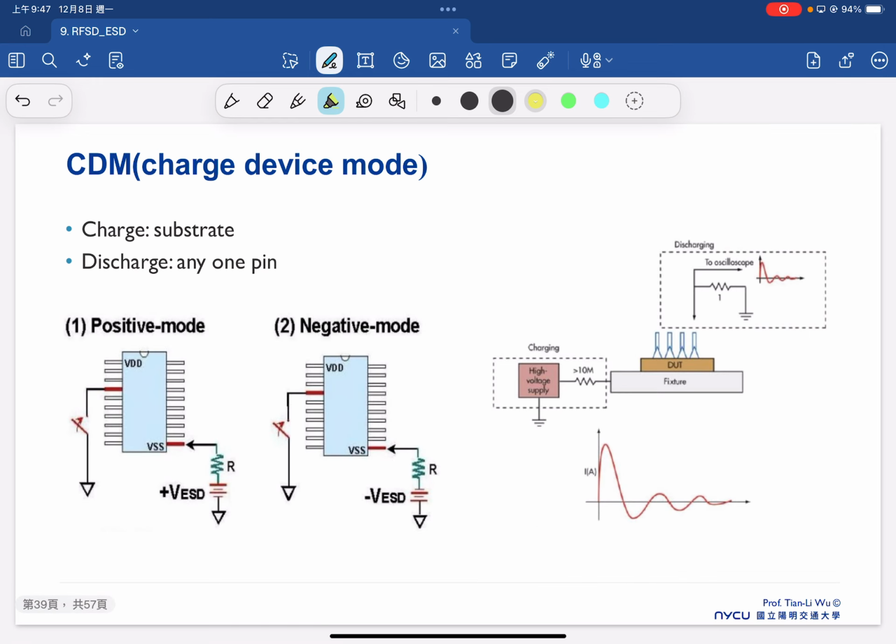And we also have this CDM, the charge device mode. What we do is we consider that the charge is at the substrate, and then we discharge at any pin here. So we have the charge from the substrate, and then we discharge from any pin.